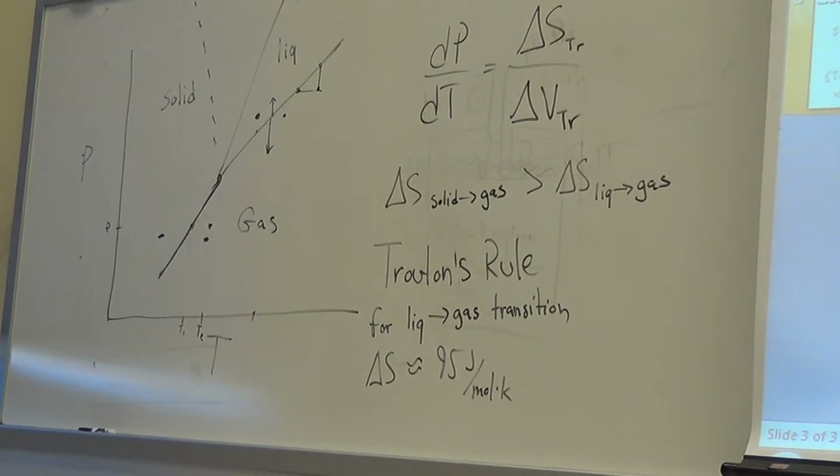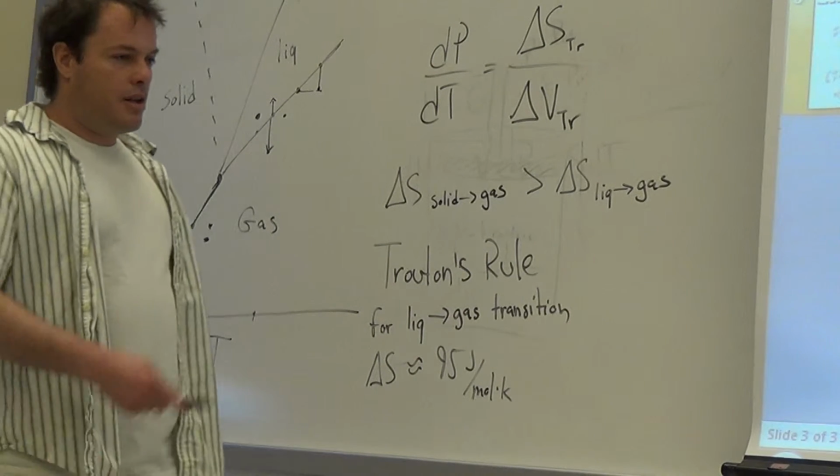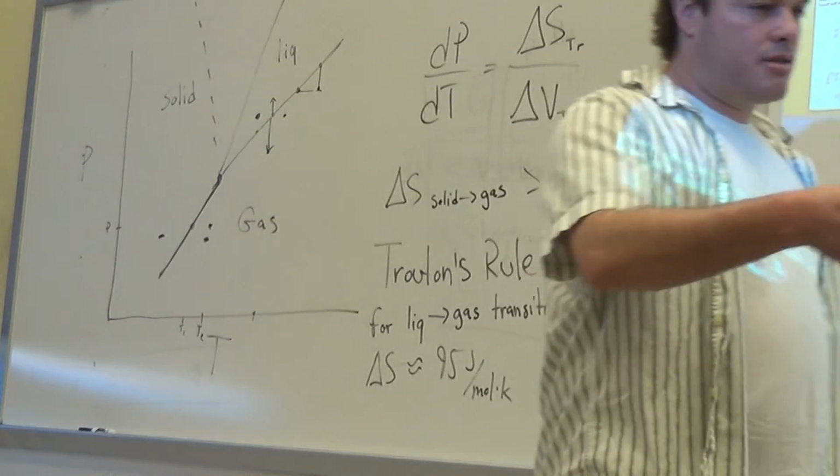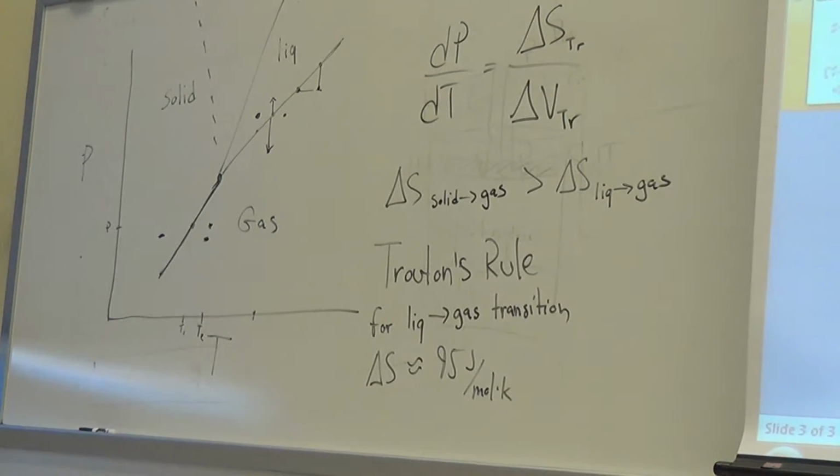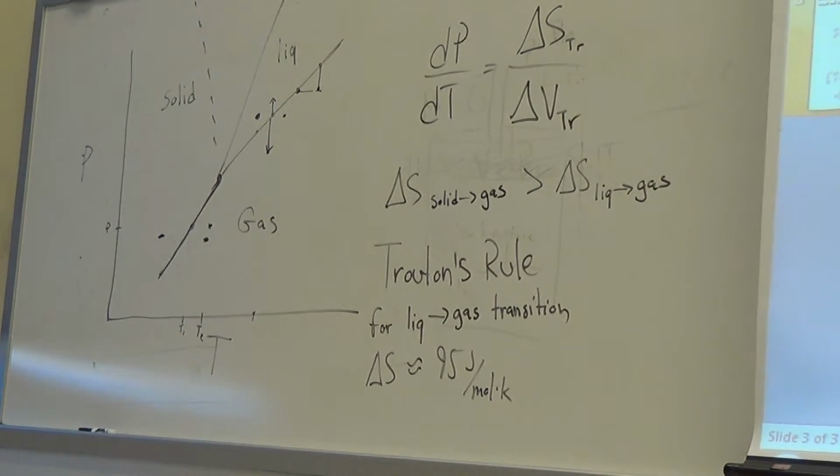There's a problem in your homework where they ask you to estimate delta H of a transition. I looked at the answer key, and they want you to go to a table of delta S's and pick out delta S for the particular substance.